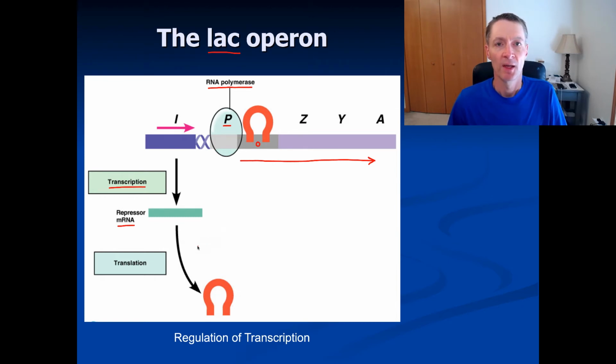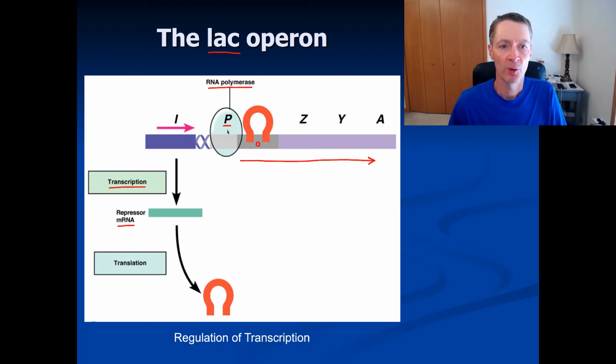Now, in this particular condition, in this particular slide, there is no lactose present, okay? So, what happens with this product of the repressor gene? Well, when there is no lactose present, it's a perfect shape to fit right up here on the operator. Now, this is pretty much completely in the way, right?